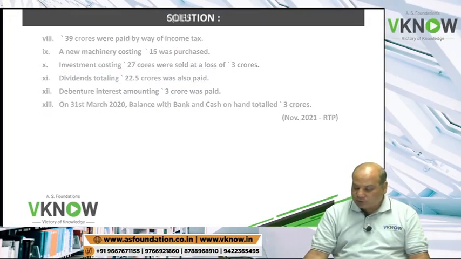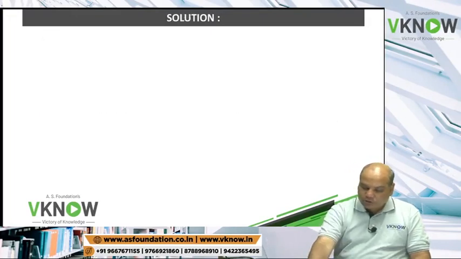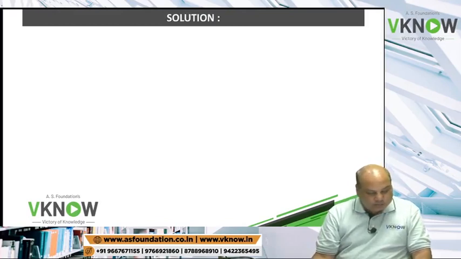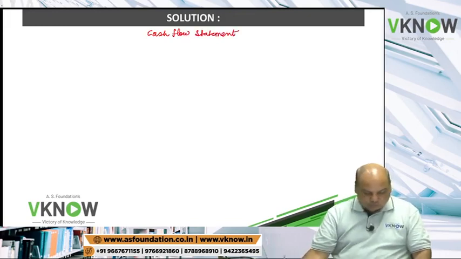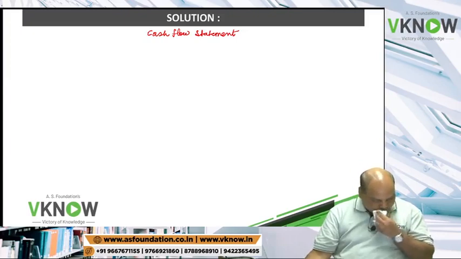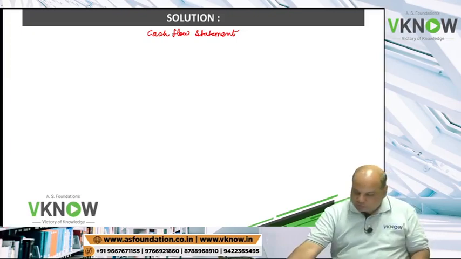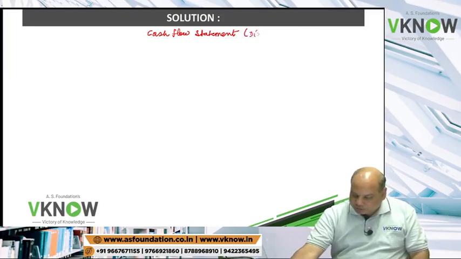So first we'll draw the format. Name of the company is not given, so directly write cash flow statement. This is the direct method because in the problem it is mentioned direct method.